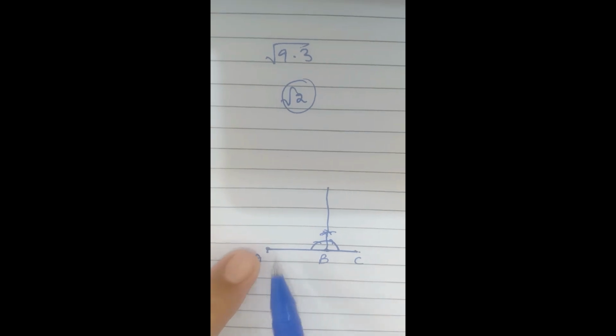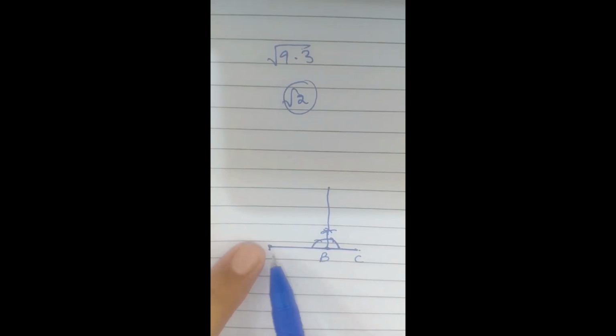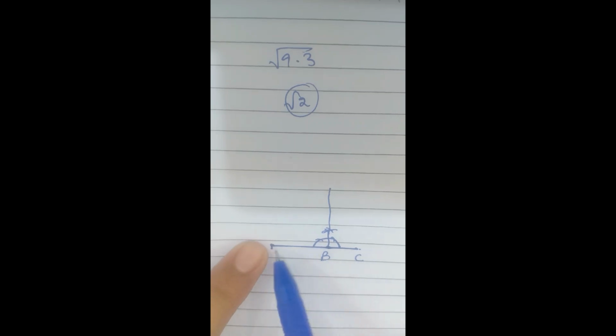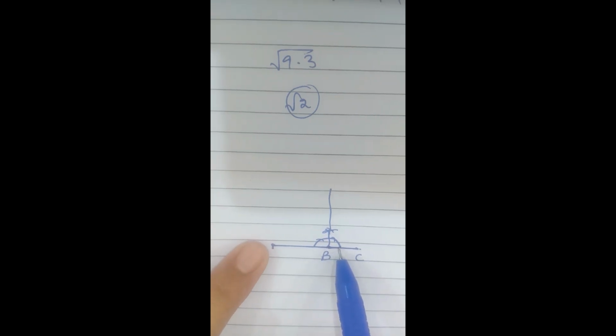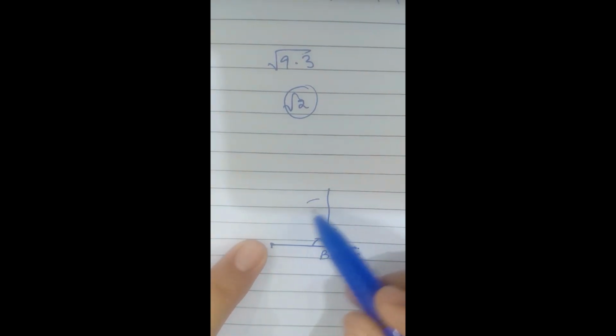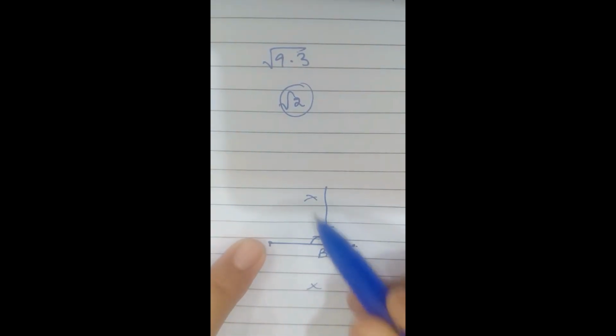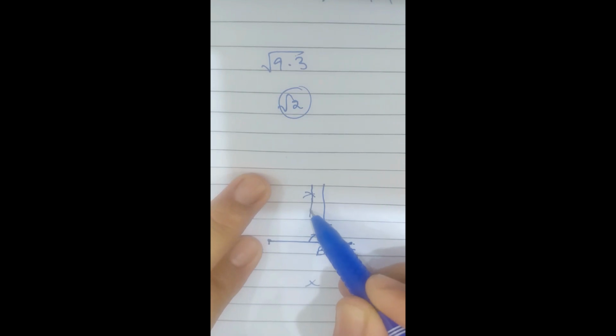More than half should be more than 1.5. No need to measure with the help of a scale. When you fix your compass here and open more than half, just by estimation, anywhere it's more than half, then you will mark one arc up, one arc down. From point C, one arc up, one arc down. This is the perpendicular bisector.